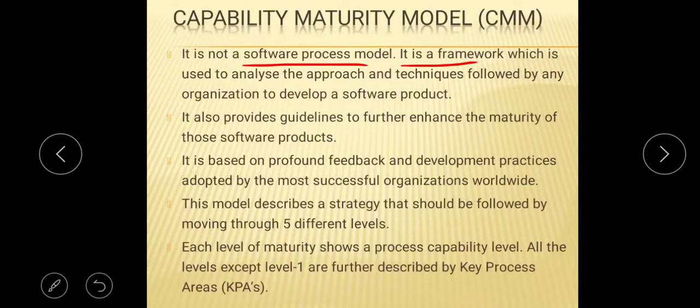It also provides guidelines to further enhance the maturity of those software products. So this CMM helps to increase the maturity level of software products. It is based on profound feedback and development practices adopted by the most successful organizations worldwide.